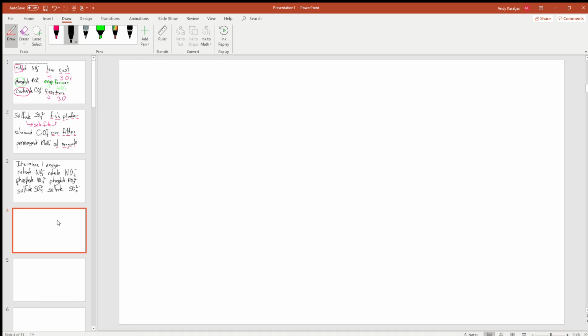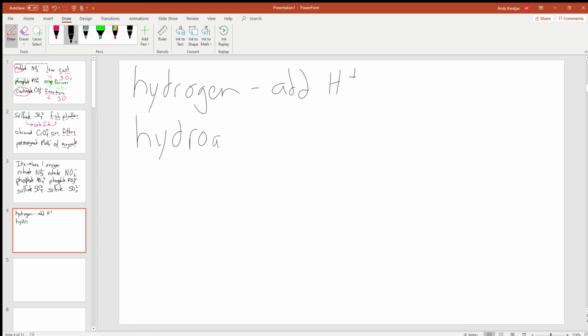Our next group are the hydrogen ions. For these, we add H+. So that means we're not only adding a hydrogen, but we're adding a plus charge. So we could have, for example, hydrogen sulfate. If we know that sulfate is SO4 2-, we're going to add a hydrogen, so it's HSO4.